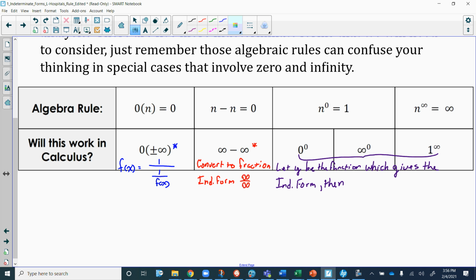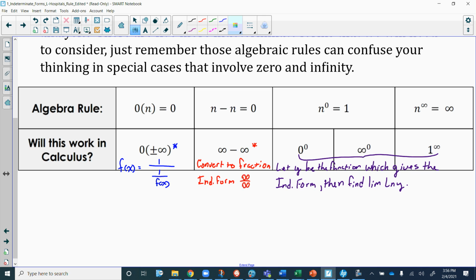And then we find the limit of the natural log of y. We'll see some examples that work with that.